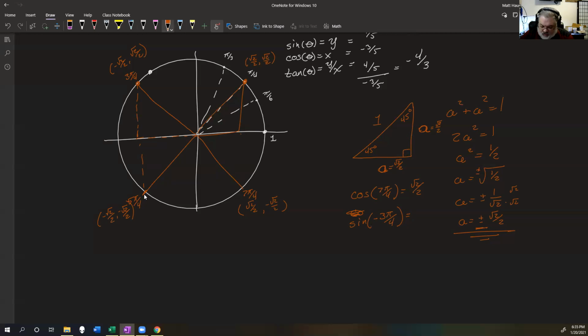So the coordinates would have to be just the same, negative, negative. Well, the point would be negative, negative, but with the sine function, we want the y value, right? Yes. So we would grab that y value, negative square root 2 over 2.